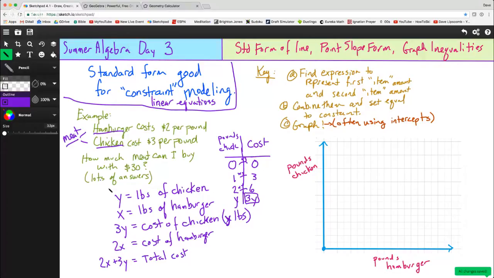And how much can I buy? I can buy $30. So 2x + 3y = 30, and that's my equation.